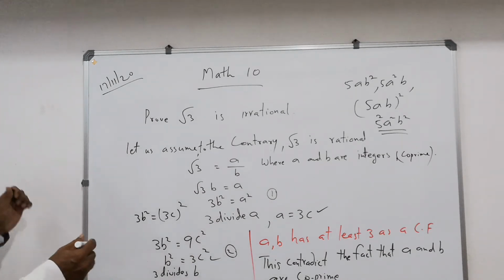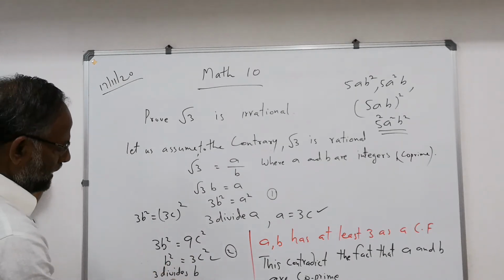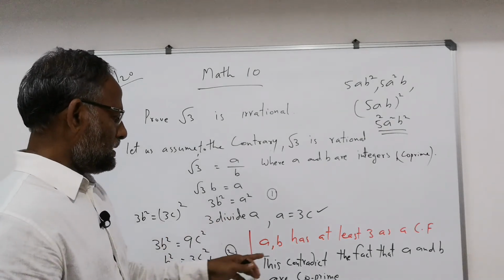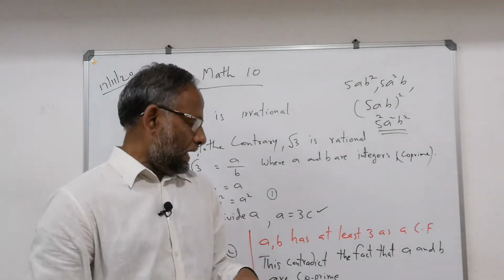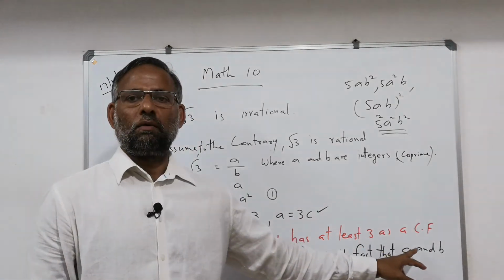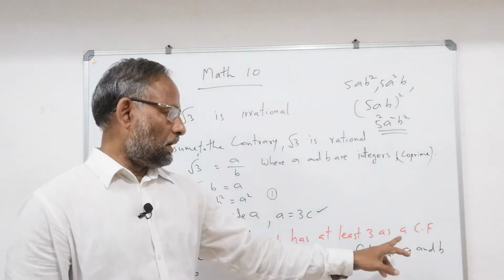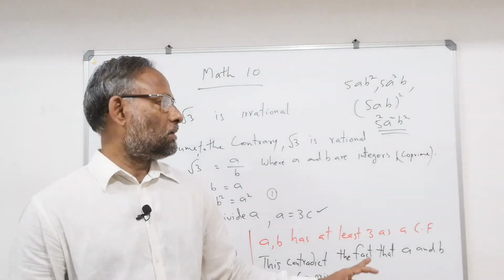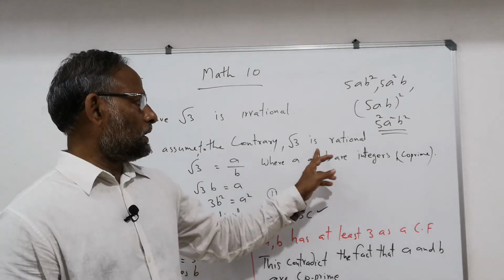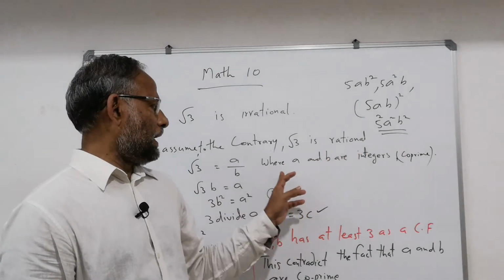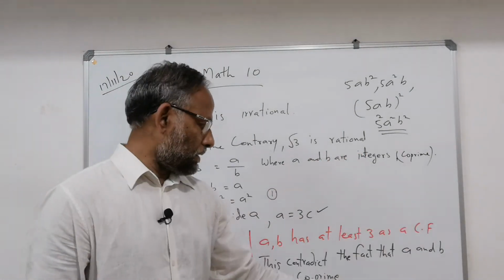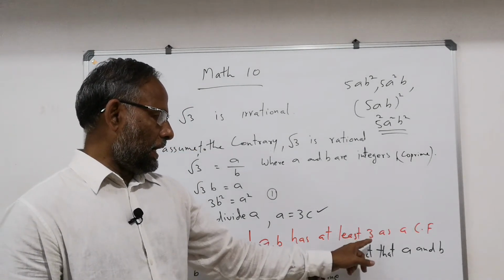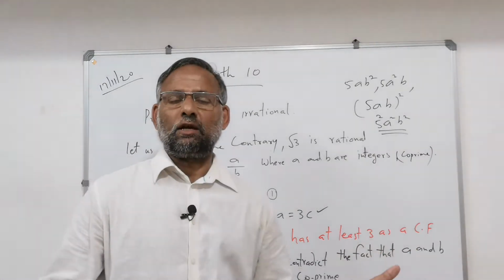Here, 3 divides B and 3 divides A. That means A and B have at least 3 as a common factor. But this is contradictory to our assumption. What did we assume? Root 3 is a rational number, with A and B co-prime. But now they are not co-prime. They have at least 3 as a common factor.